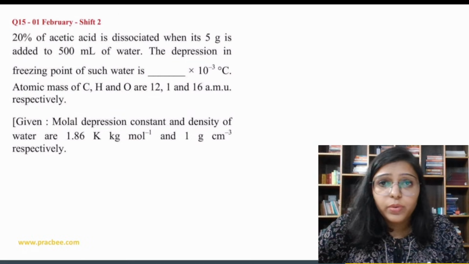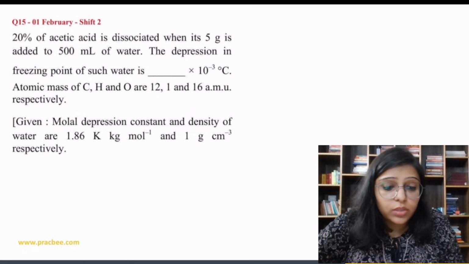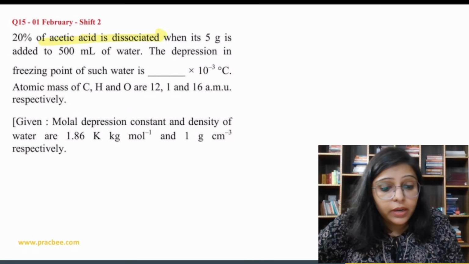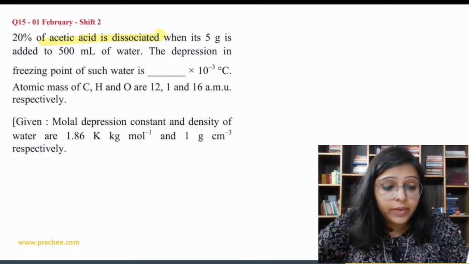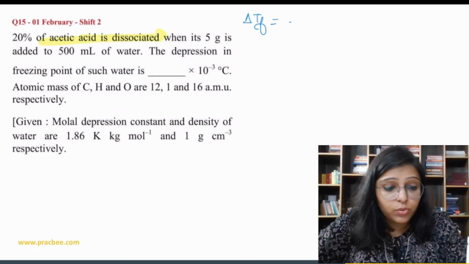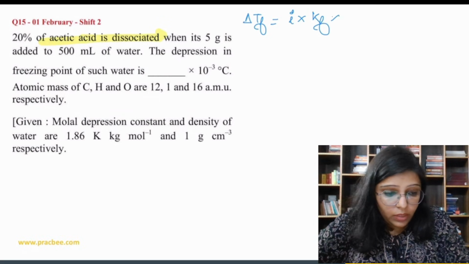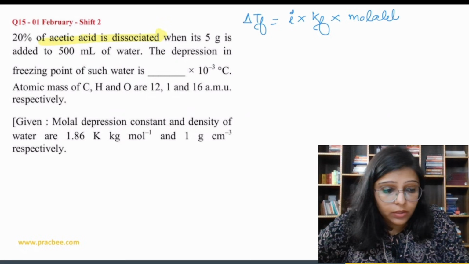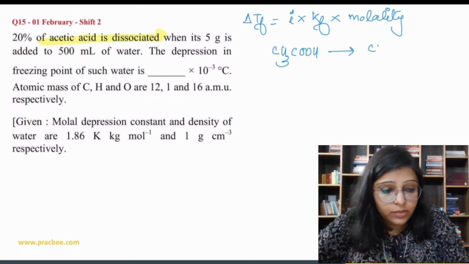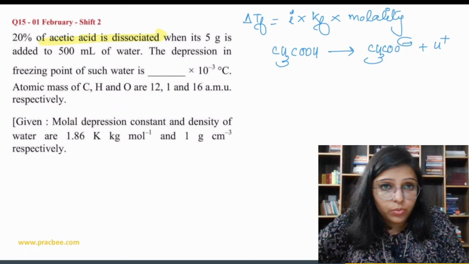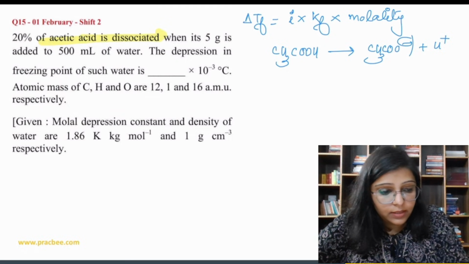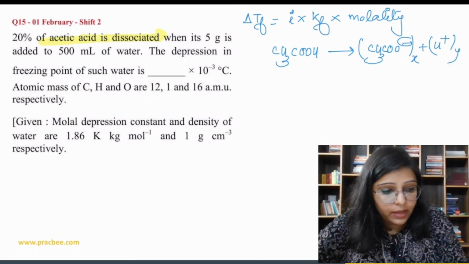Next question says 20% of acetic acid is dissociated. It is dissociated, so here we have to use Van't Hoff factor. So delta TF is equal to i into KF into molality. If acetic acid dissociates into CH3COO minus and H plus, say these are x and y, then i is 1 plus alpha into (x plus y minus 1).